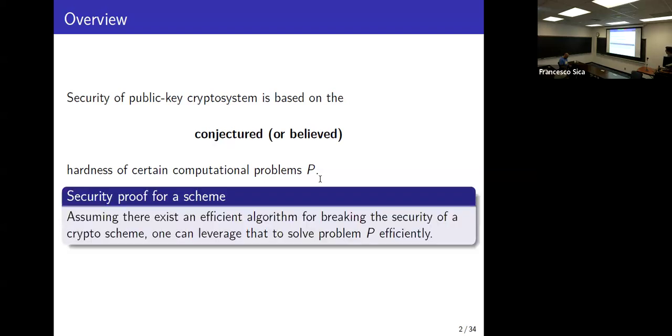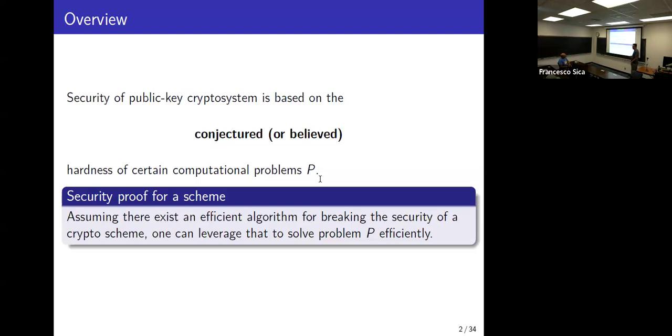Here is really a blueprint for the security proof of a cryptography scheme. How exactly does this mathematical proof work, for example, for an encryption scheme? We do a proof by contradiction, assuming that there exists an efficient algorithm that breaks the security of an encryption scheme.